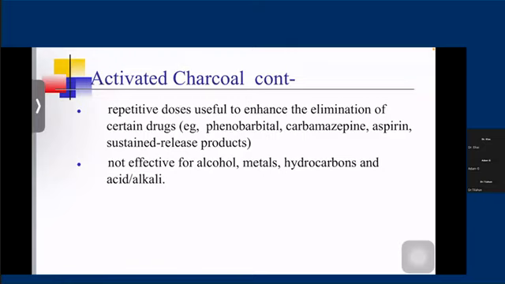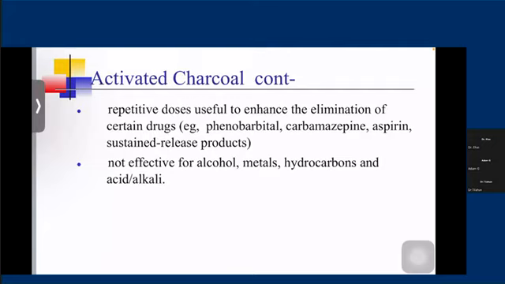And as I said, charcoal is usually given within 1 hour of taking the poisonous agent. But in certain drugs, we can give it even after 1 hour of lapse. These medications are phenobarb, carbamazepine, and sustained release products, because these medications are anticipated to stay in the GI tract for more than 1 hour, especially phenobarb, which is thought to delay gastric emptying.